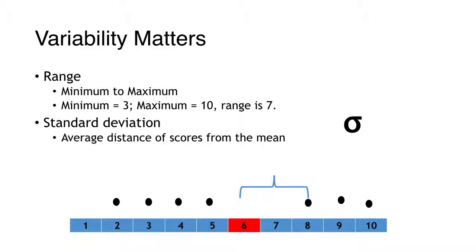So if my mean is 6, and this score here was 8, I take the distance between those two, and it's 2. So I take the distance from 8 to 6. And I would take the distance from 9 to 6, and 10 to 6, and 5 to 6, and 4 to 6, and 3 to 6, and 2 to 6. And I would average all of those distances, and I would get my standard deviation.